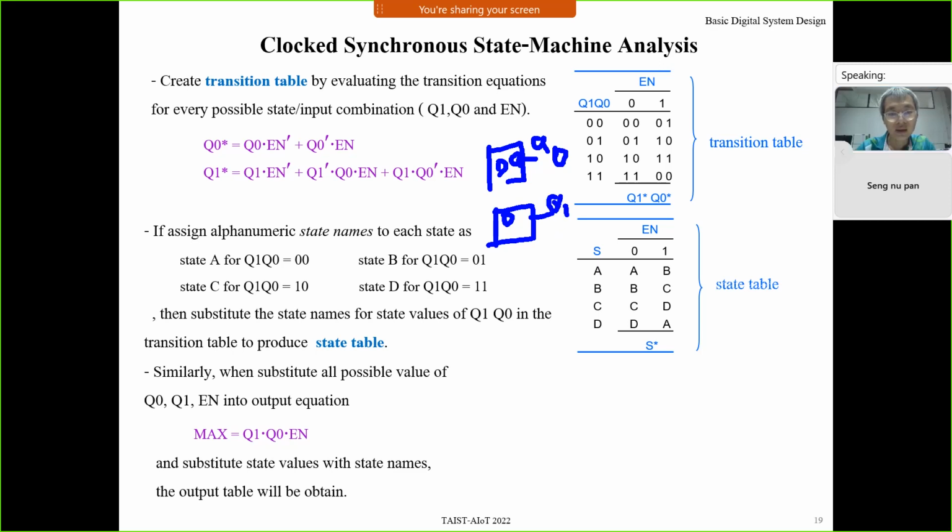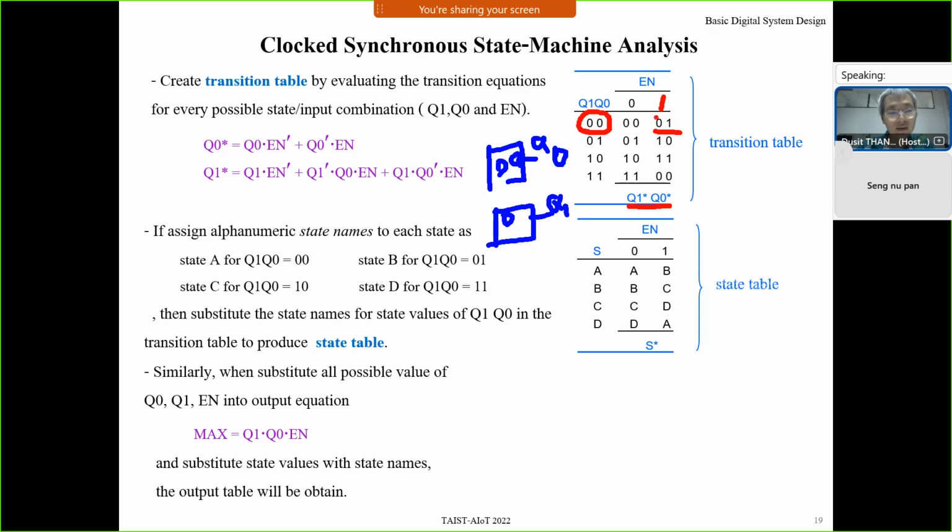If you know that the current state, the value of Q1, Q0, is 0, 0, and when the clock ticks, the value of input is 1, that means the next state, or the new value of Q1 star, Q0 star, becomes 0, 1, right?